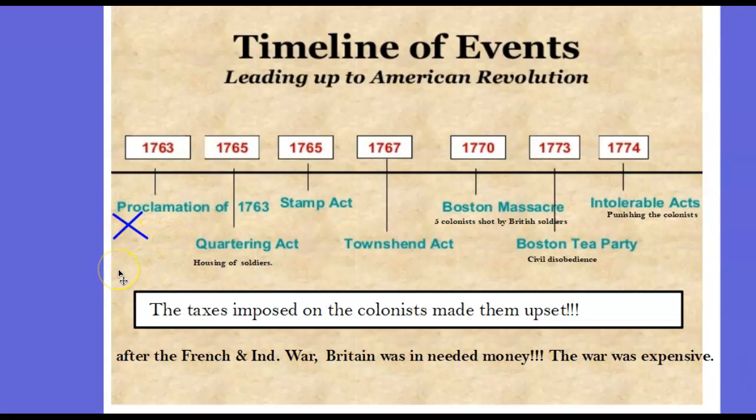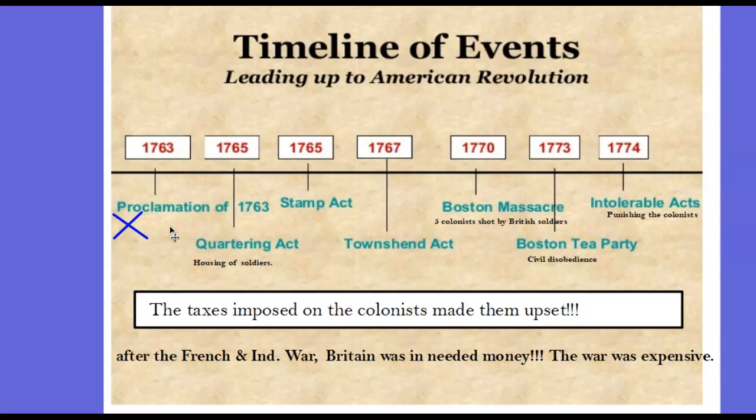Since the colonists joined the French and Indian War, they were expecting to have access to the land west of the Appalachian Mountains. But after the king enacted the Proclamation of 1763, this pretty much told the colonists, you cannot go to that section, you cannot settle anywhere west of the Appalachian Mountains.